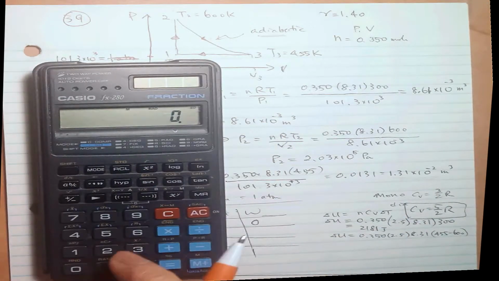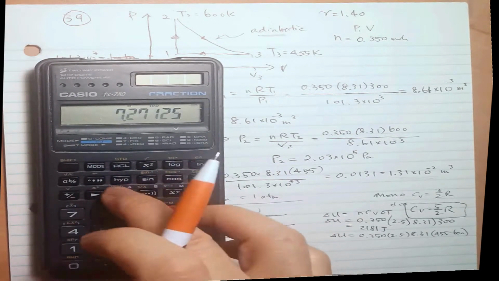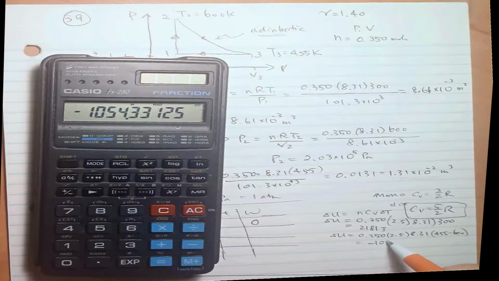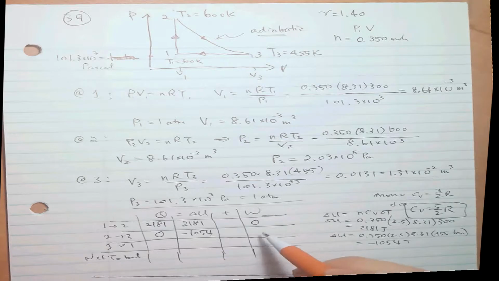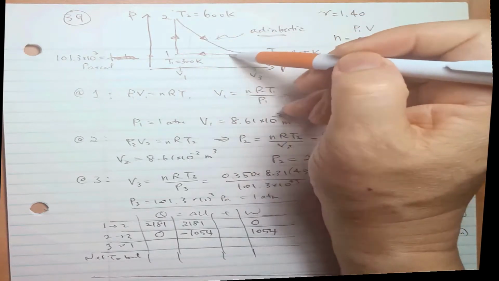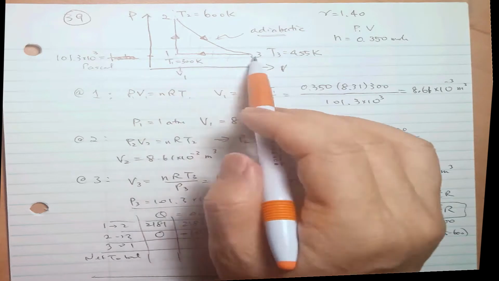So we are going to get a negative number, a change of negative 1054 joules. That is a drop in internal energy. But of course, the work is the opposite of that, and it should be positive because it is going from left to right, and the area underneath the curve going from left to right is always positive, so it's positive 1054.